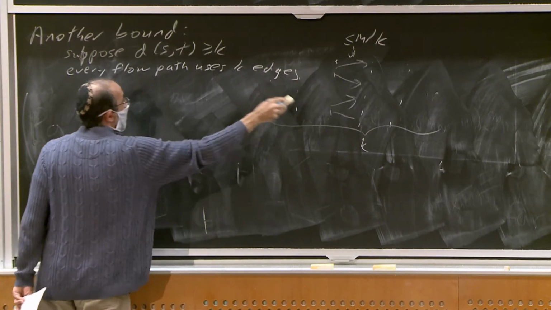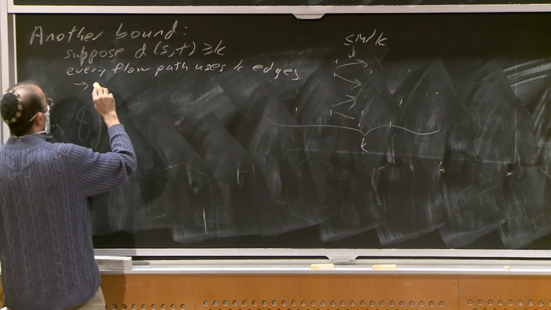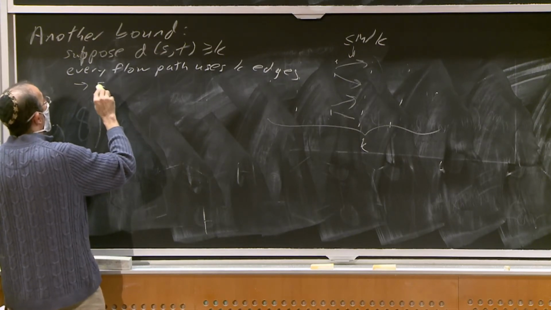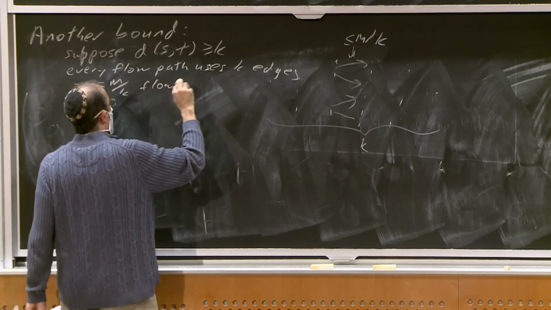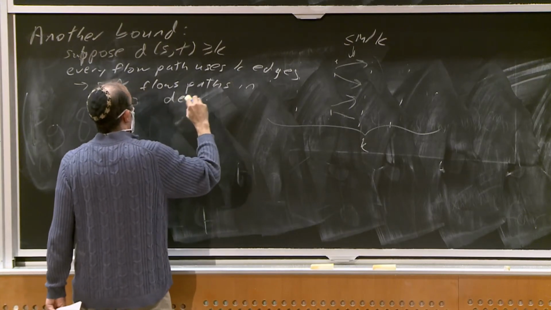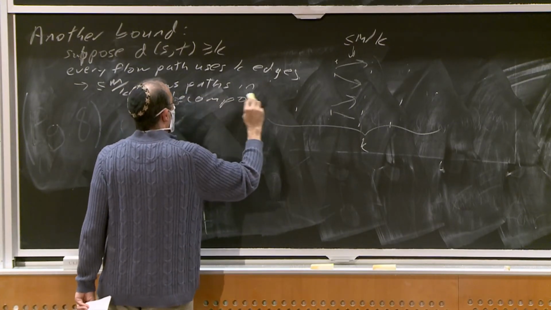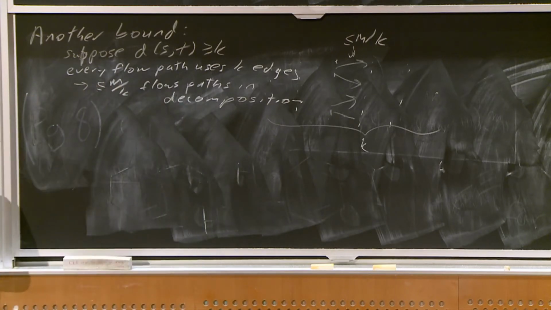So you can use the cut argument, or you can use the flow decomposition argument. So everybody happy with that argument? That if the distance is large, there's not much flow?